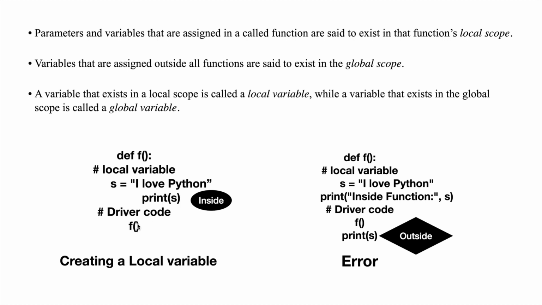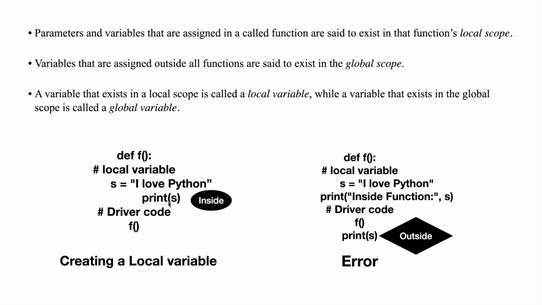What you should understand here is that whenever you use a variable inside the function, that is here s, inside the function, it has a local scope by default.